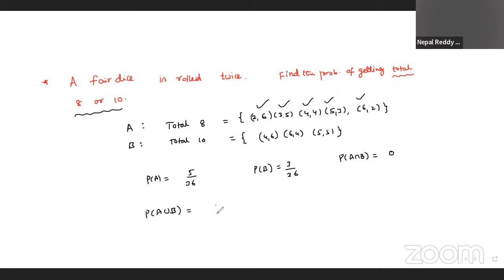Probability of A union B is the question. That is probability of A plus probability of B minus probability of A intersection B. That gives 5 by 36 plus 3 by 36 minus 0. That becomes 8 by 36, which is 2 by 9.